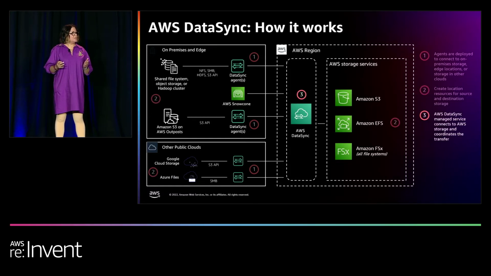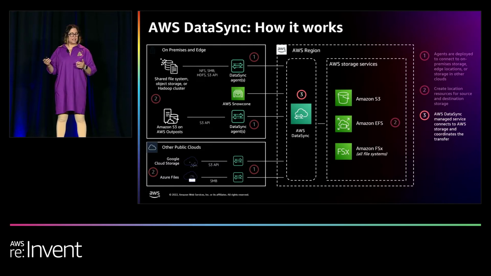Once you create your locations, you need to create a task. A task consists of a source and destination location. The AWS DataSync managed service will take care of running the task and copying the data from the source to the destination location.